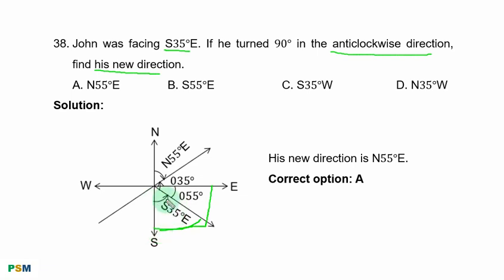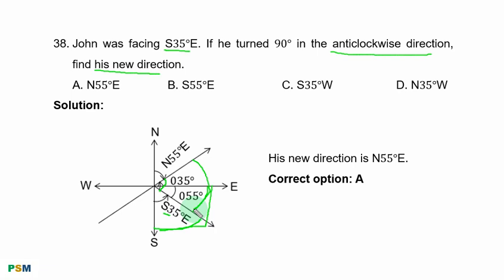If from here to here is 35 degrees, the remaining angle must be 55 degrees. That means John moving from here to this part is 55 degrees. Remember, he turned 90 degrees. From here, he will enter the next quadrant by 35 degrees. So this is 90 degrees, the angle that John turned.